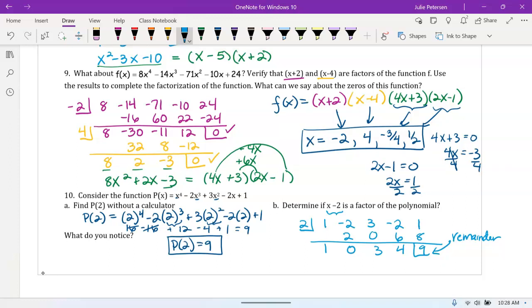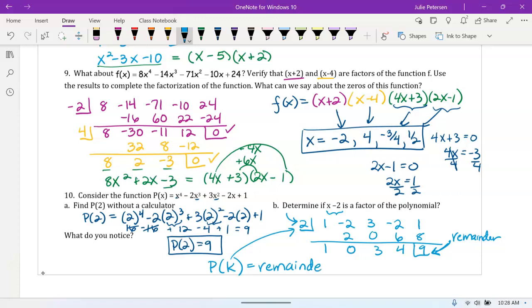Whatever goes right here is what we're plugging in, and whatever comes out right here is what we're getting out. It's a quick way to plug a number in instead of doing the math where you're raising things to a power and everything. We can say generally then, p of k, and that's whatever we plugged in, in this case k was 2, equals our remainder.